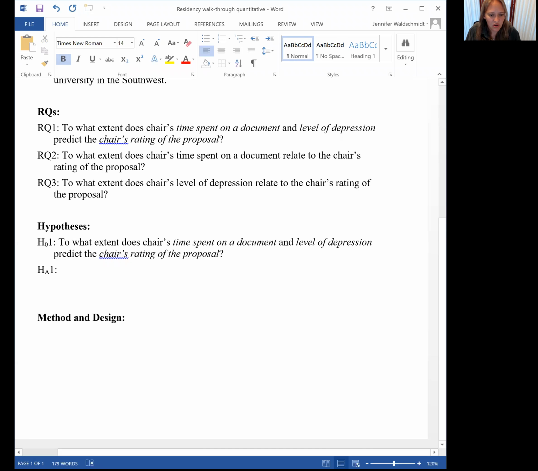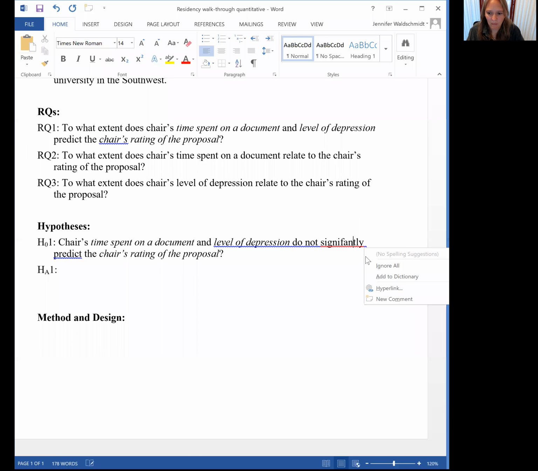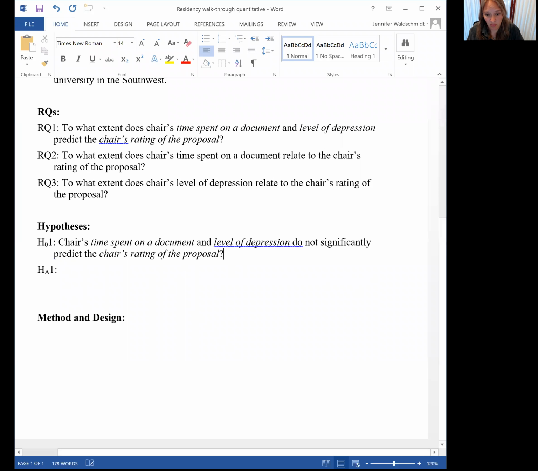So I'm going to take our research question and turn it into a statement or a hypothesis. So the null means that nothing happens. There's nothing there. So what we're going to say is chair's time spent on a document and level of depression do not significantly predict the chair's rating of the proposal.